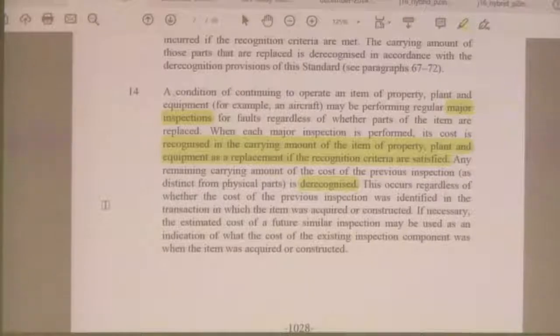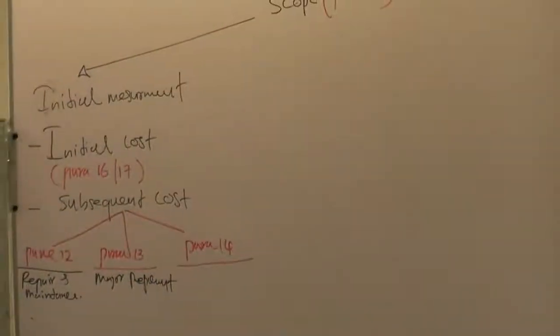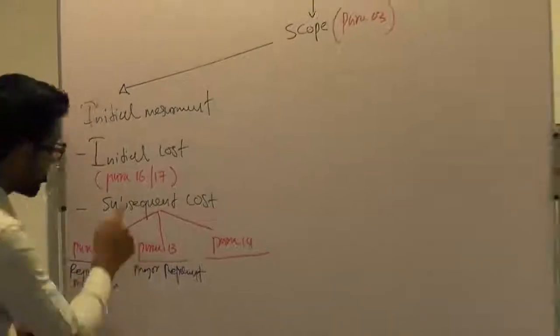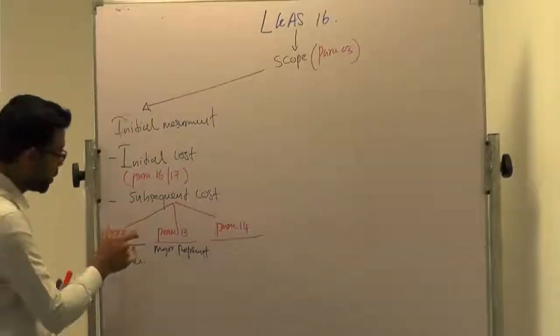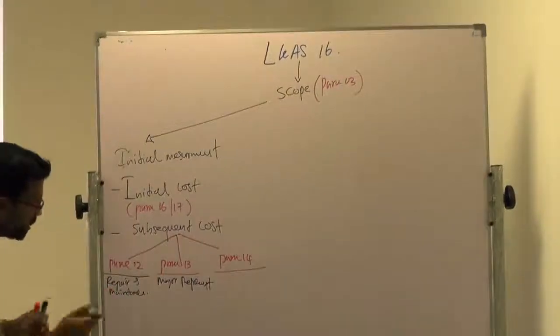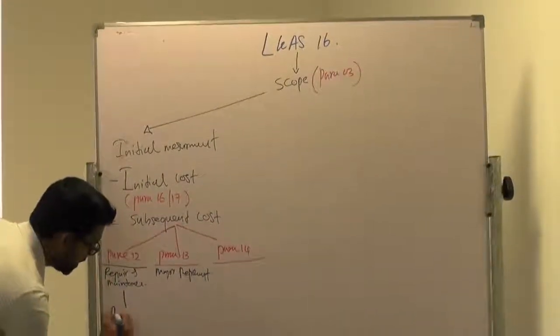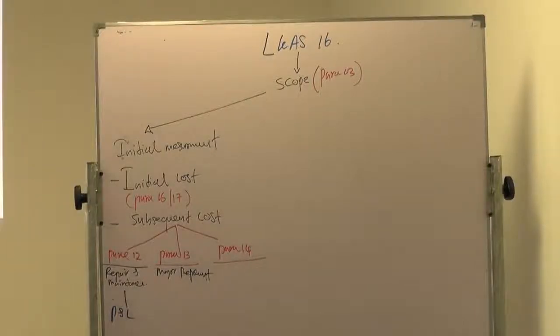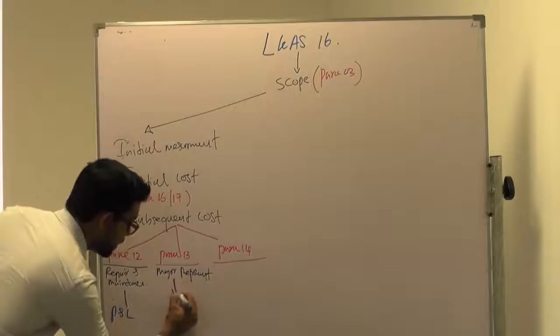Now, look at this board. Paragraph 14 explains this. So, Raj, better if you can take this screen, not the screen board, so then you can clearly see, right. Here there are three paragraphs I already explained. Paragraph 12 explains repair and maintenance; the accounting treatment is to charge to P&L. Very simple, right. Major replacement, the accounting treatment is capitalize.